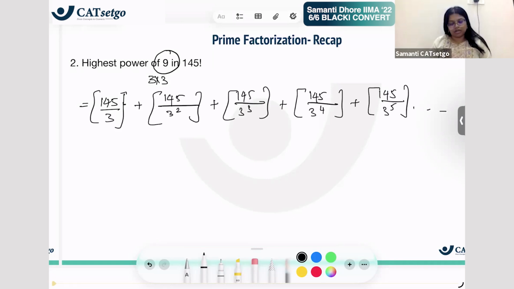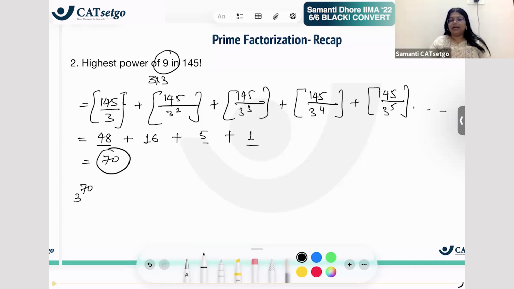Three raised to 5 onwards it becomes 0. 3 4s are 12, 3 8s are 24, plus 9 1s are 9, and so on. So what is the answer here? 48, 49, 54, 70, right? 70 was the answer. So we know now that we are getting 3 raised to 70.